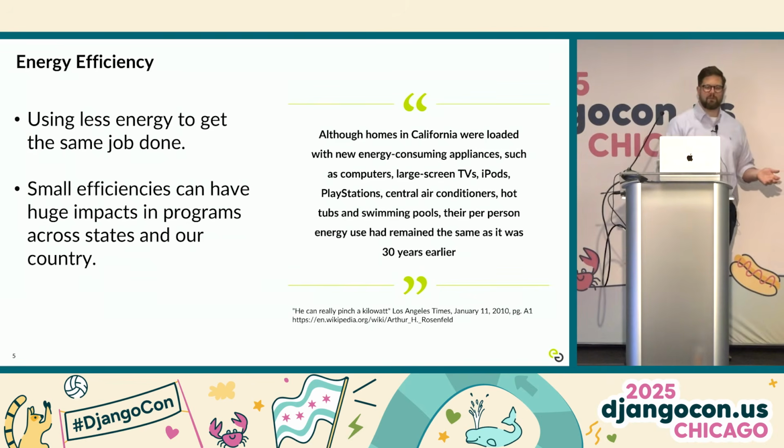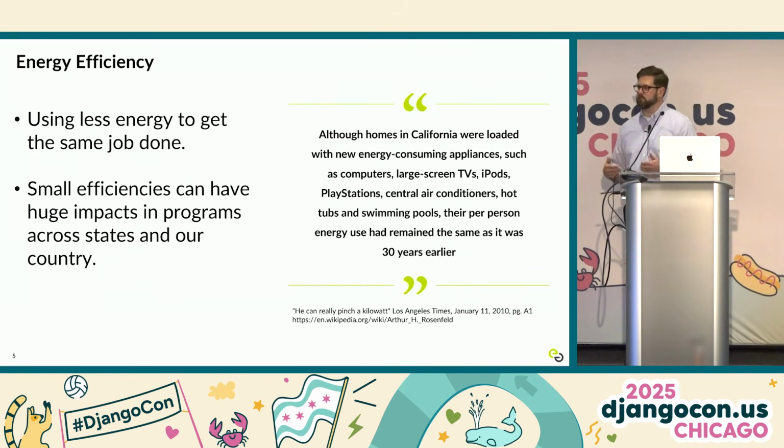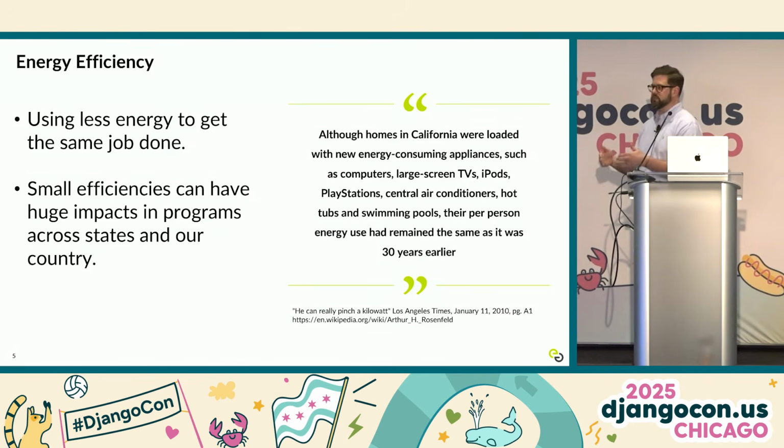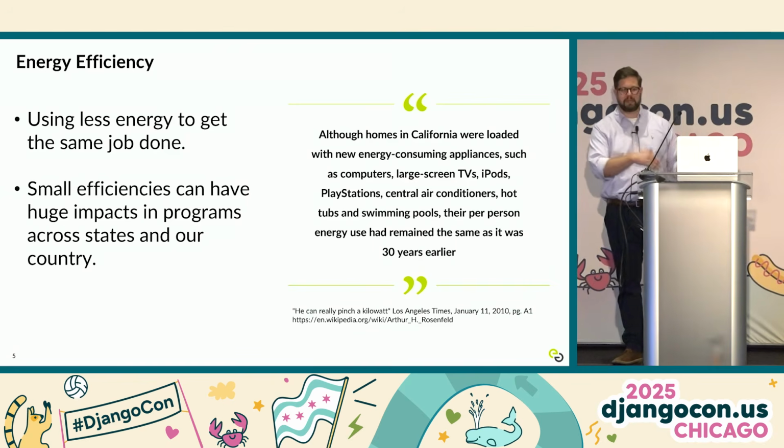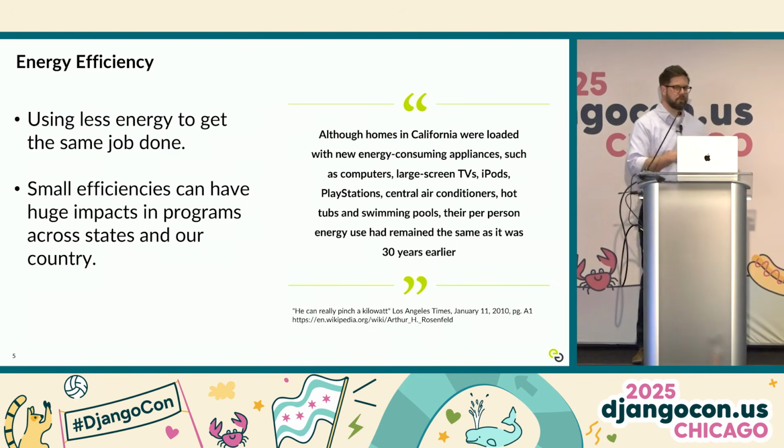One definition we have is using less energy to get the same job done. And that might seem minor in the scale of climate change, but when you scale that across states and nations, you can have a big impact. We see that in the work of Arthur Rosenfeld, who was a physicist who moved into energy policy in the 70s, starting in California and then moving to influencing policy in the United States.